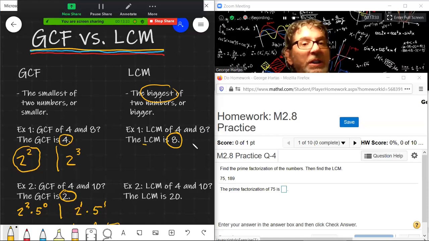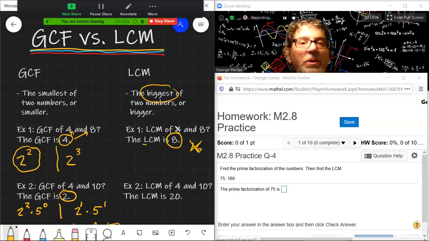16 is a common multiple. 4 goes into 16 and 8 goes into 16, but it's not the least common multiple. It's not the lowest number. This is the lowest number that both of these divide into. Here, what we were looking for is the biggest number that divides into these, so the arrow was going this way: 4 divides into 8, 4 divides into 4.